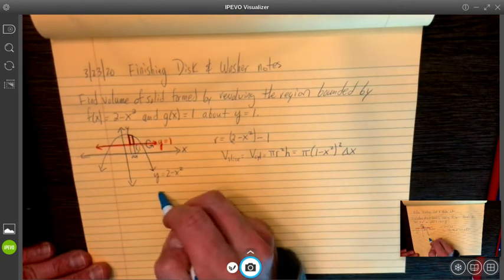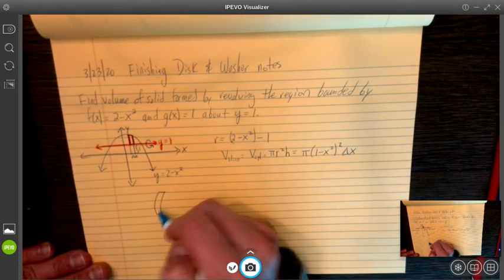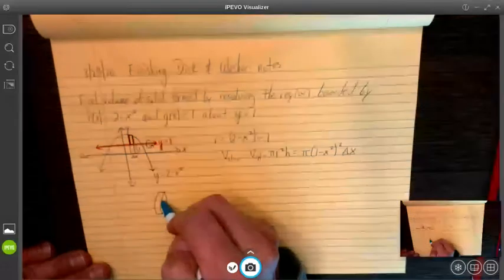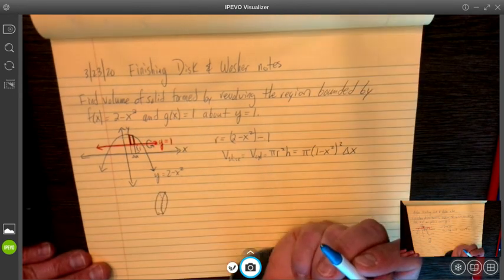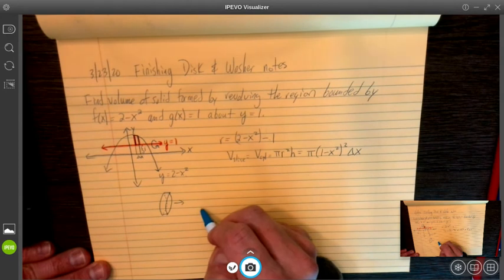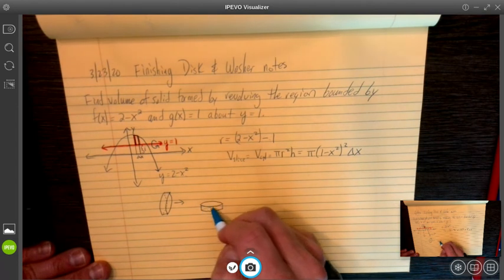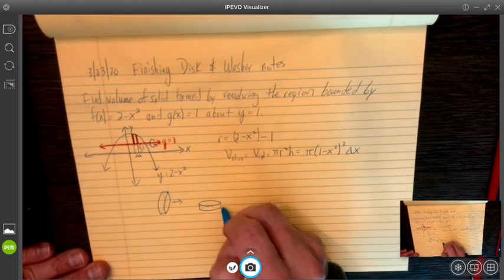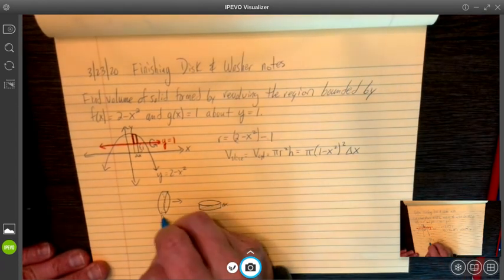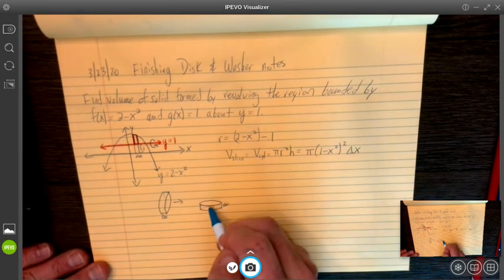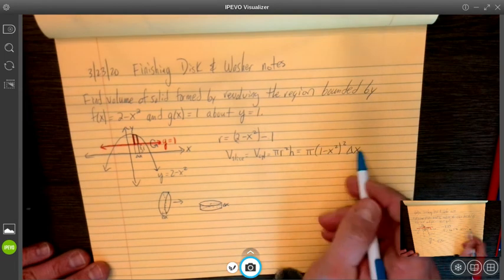If I rotate from this aspect, this is the kind of shape I'm going to get. What I'm looking at, however, is turning this on its side. Basically that little height of the cylinder is delta x, and then I'm going to have my radius here. And that's everything that we need.